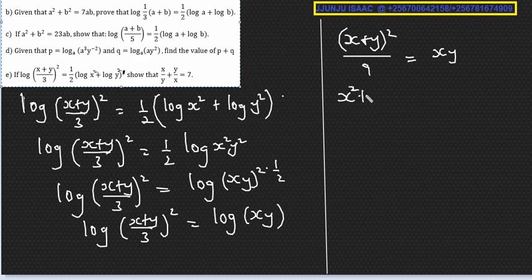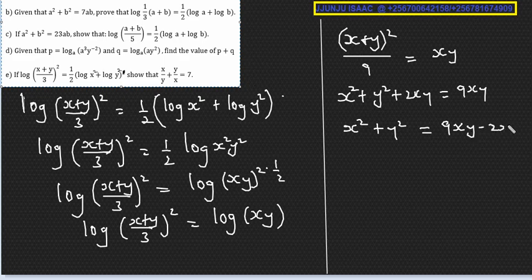This is x squared plus y squared, then plus 2xy equal to 9xy. So we get x squared plus y squared equal to, take 2xy to the other side, it becomes a minus. So x squared plus y squared will be equal to 7xy.